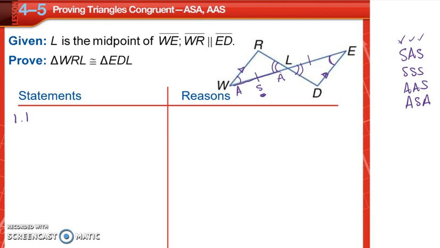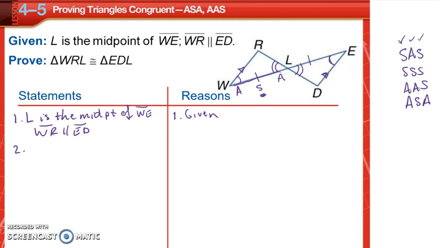Okay, so first we write the given. L is the midpoint of WE. And then WR parallel to ED. So the reason is given. Then we go and start just listing the things that we're already talking about.